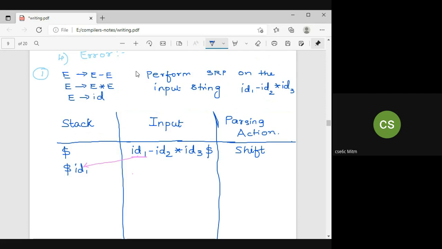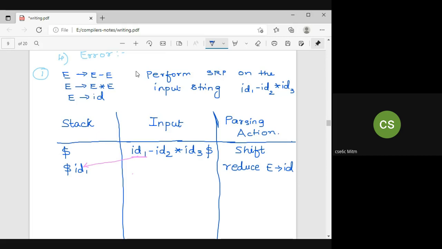Irrespective of whether it is ID1, ID2, anything, it is ID. Definitely ID is there as the RHS of one of the productions, so immediately you should know that the action that you're going to take is reduce. And how to reduce? E goes to ID. So this is reduced by E goes to ID.